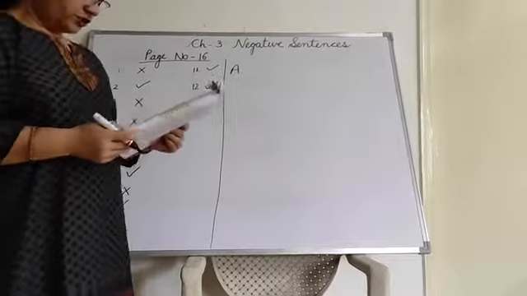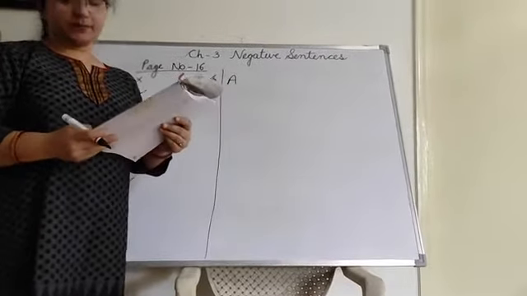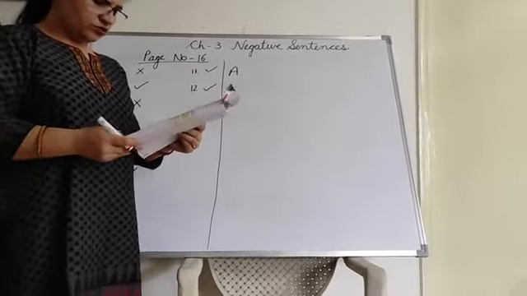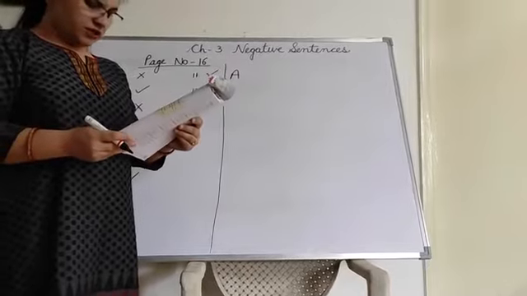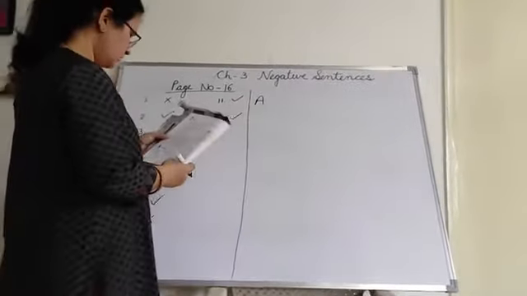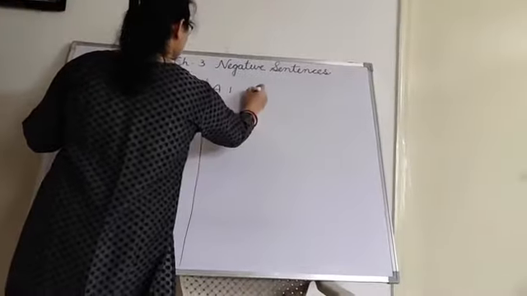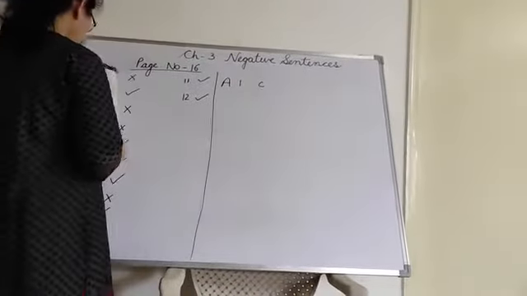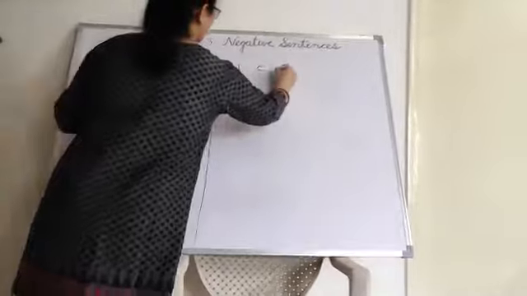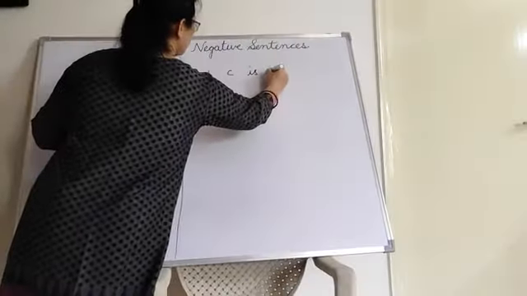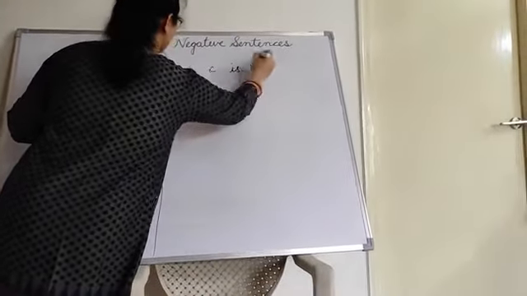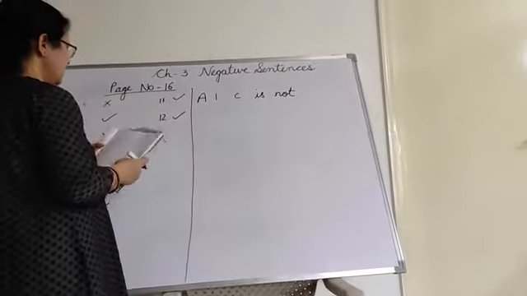Choose the correct option. Sonu dash surprised. So what will be the correct option? C. Sonu is not surprised. So you will put a tick on C. Sonu is not surprised. Then second question.